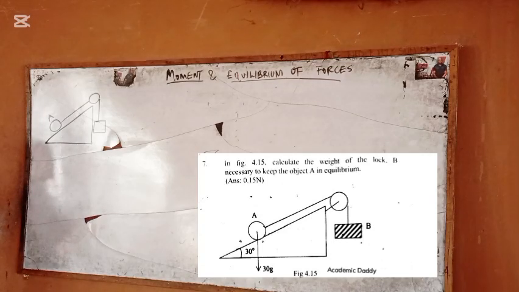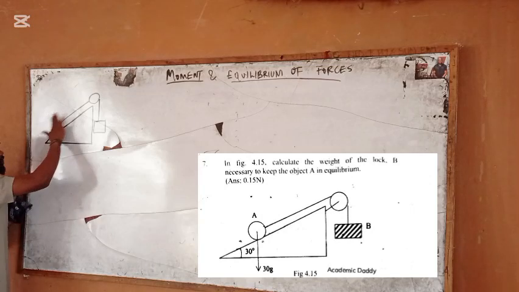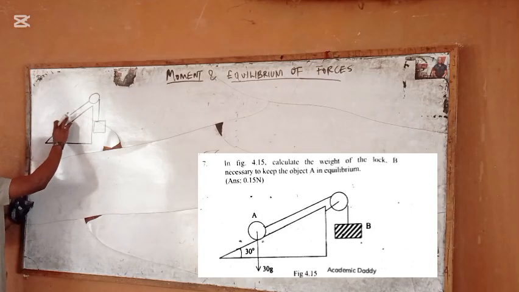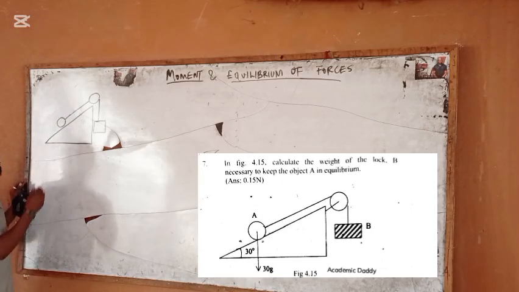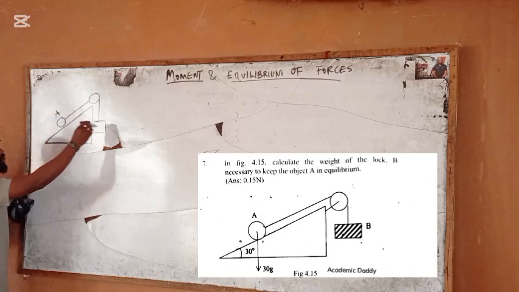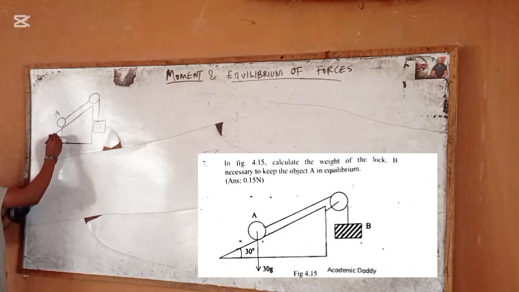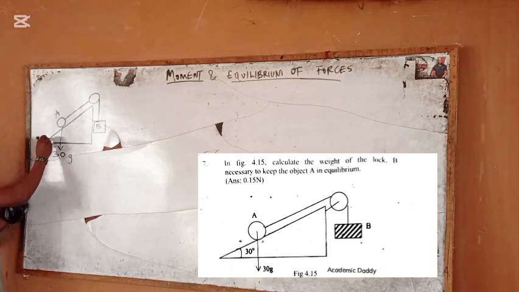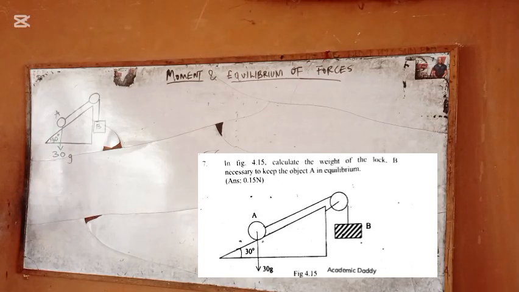They called this one A, they called this one B, then I put an arrow here. They said this one is 30 grams. Is there any other thing? Theta, 30 degrees. So this is what we have there, children.